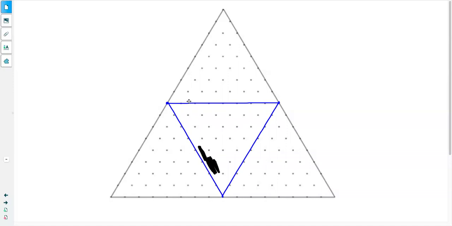I'll just widen this to make it a bit quicker. You can always touch up the corners later.